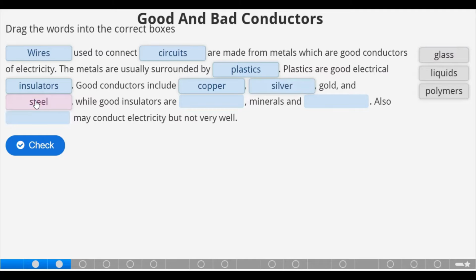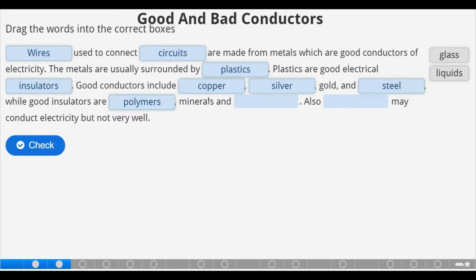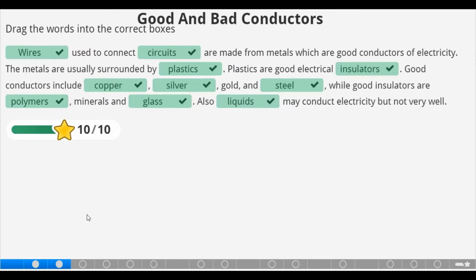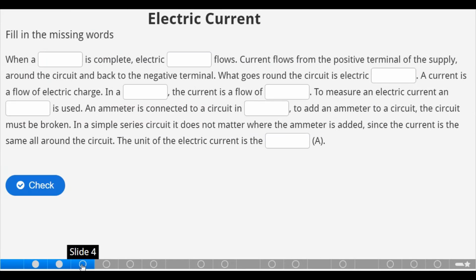While good insulators are polymers, minerals, and glass. Also, liquids may conduct electricity but not very well. We check. That's correct.